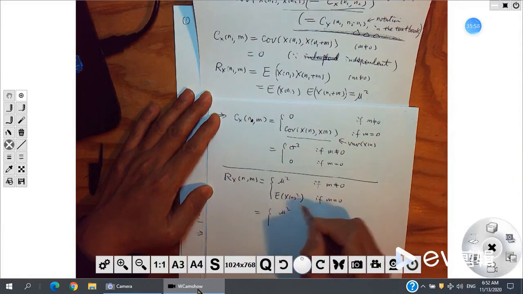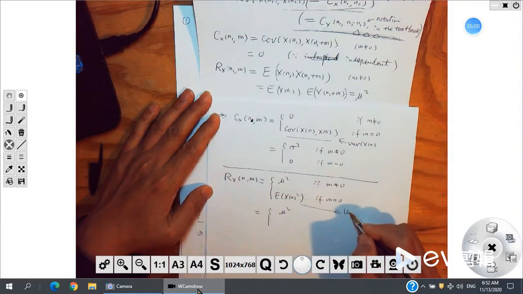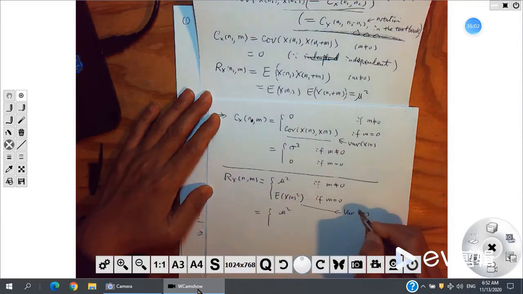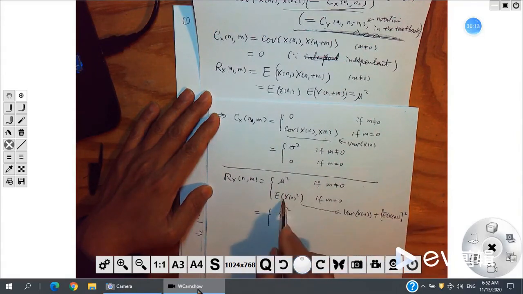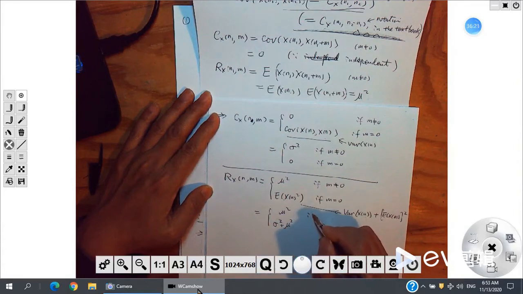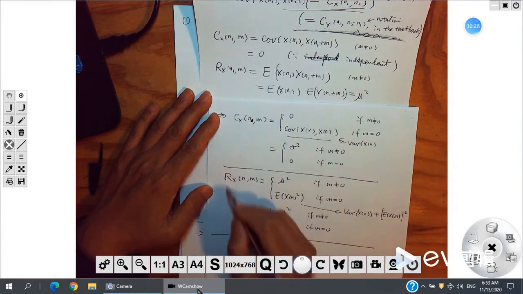And this one is the variance of x of n plus the expectation of x of n, squared, right? We have this because variance is this one minus this one. So this is sigma squared plus mu squared. Okay, this is if m is 0. So we have Rx, Cx like this.